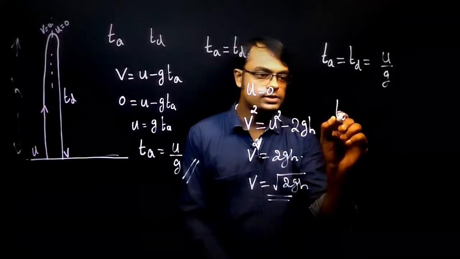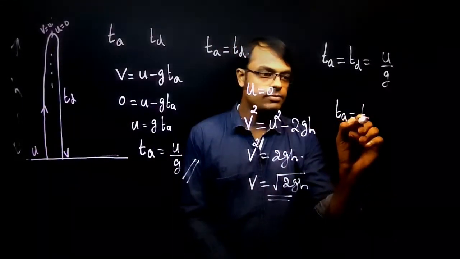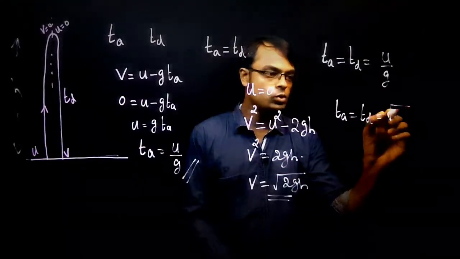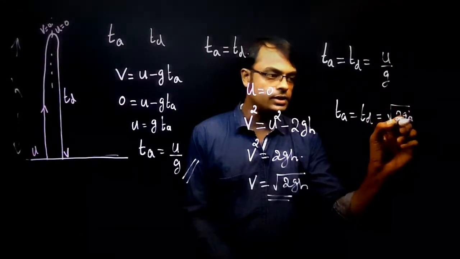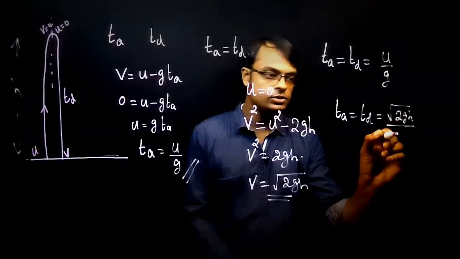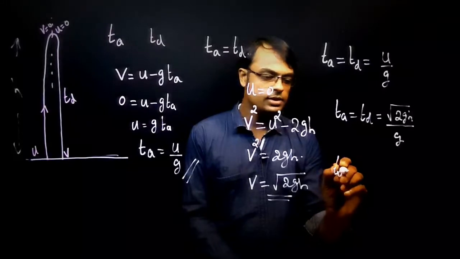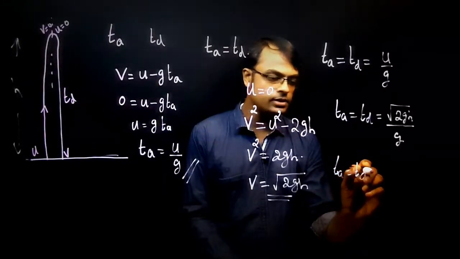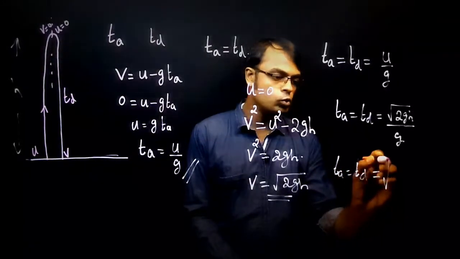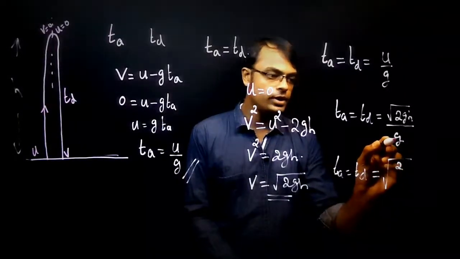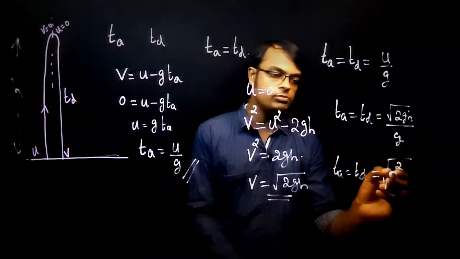So time of ascent as well as time of descent is equal to root of 2gh divided by g. That is, time of ascent as well as time of descent can be written as root of 2, you see this one, if you take the g into the root, it becomes g square, right?